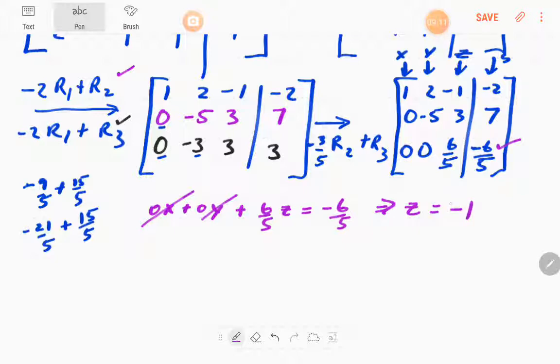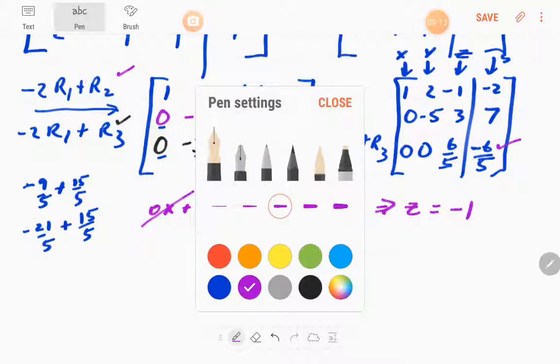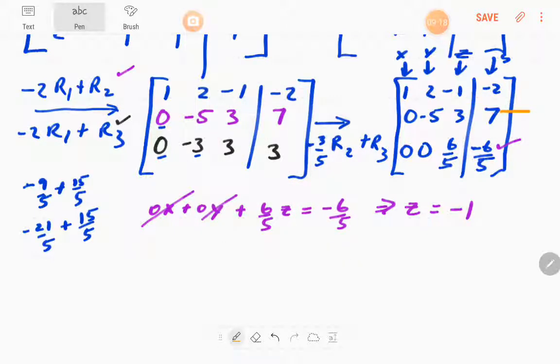Now that I know that z is equal to -1, I could go to the next row up. So I'm going to go to this row. So I could say 0x minus 5y plus 3z is equal to 7. Well, we know that z is equal to -1. So this means that minus 5y plus 3 times -1 is equal to 7.